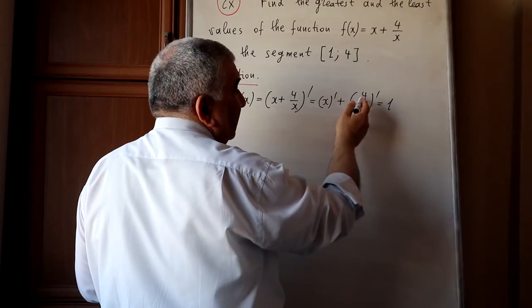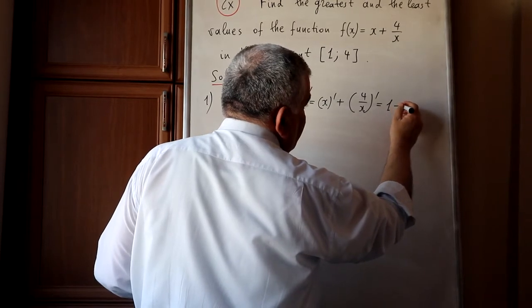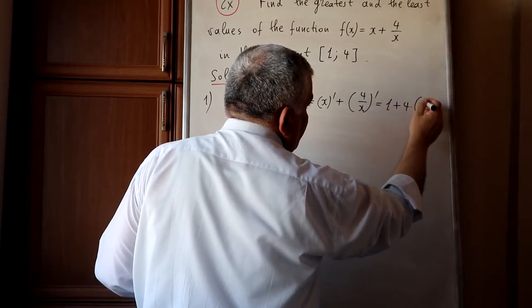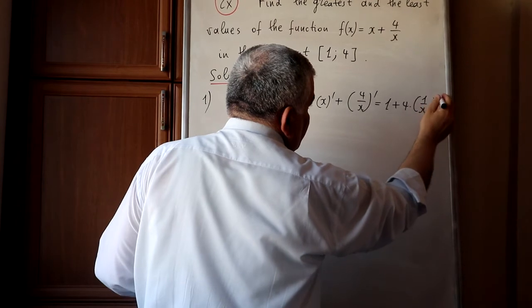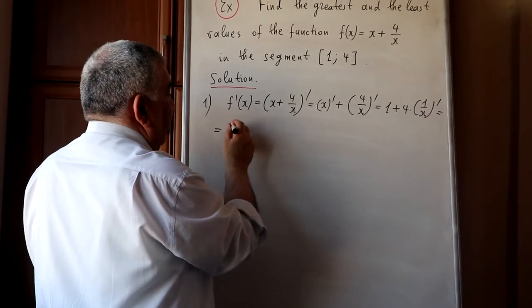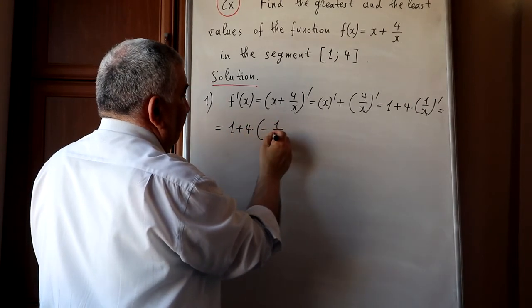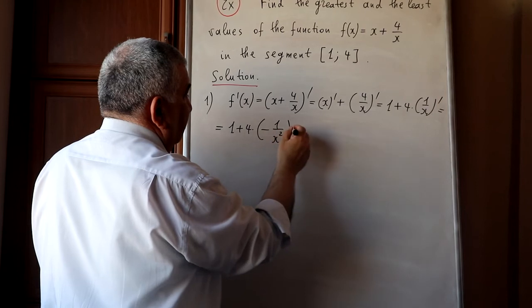Then we can take 4 out of the derivative symbol: plus 4 multiplied by 1 over x prime. But 1 over x prime is equal to minus 1 over x squared. So 1 plus 4 multiplied by minus 1 over x squared.